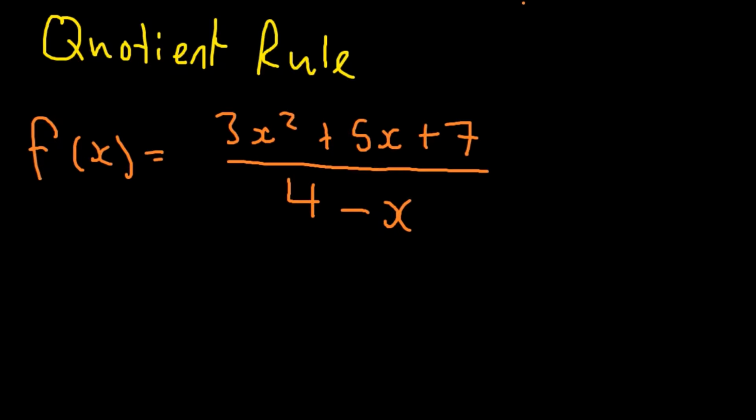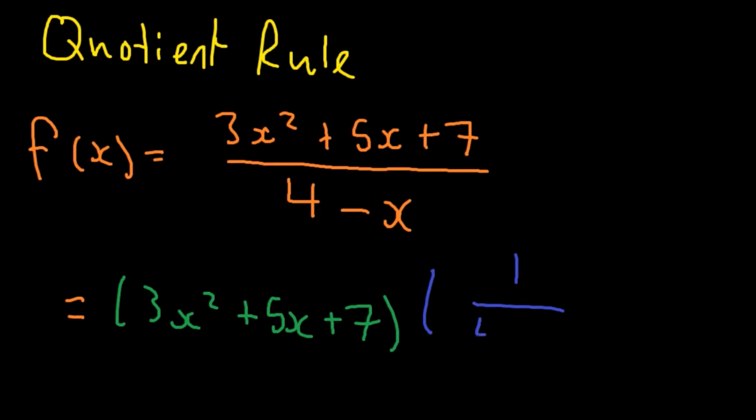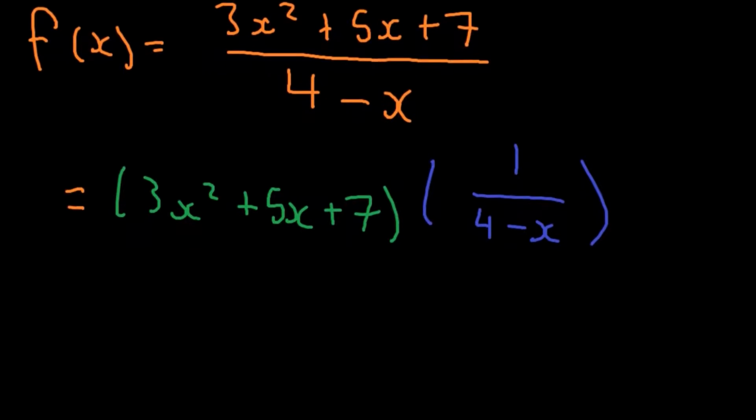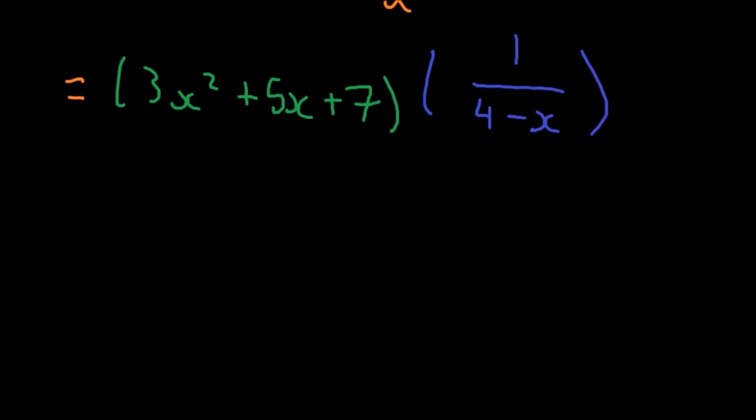To start off, we probably want to separate this into the product of two functions: the 3x squared plus 5x plus 7 bit multiplied by the 1 over 4 minus x bit. With that out of the way, we can now apply the product rule to take our derivative.